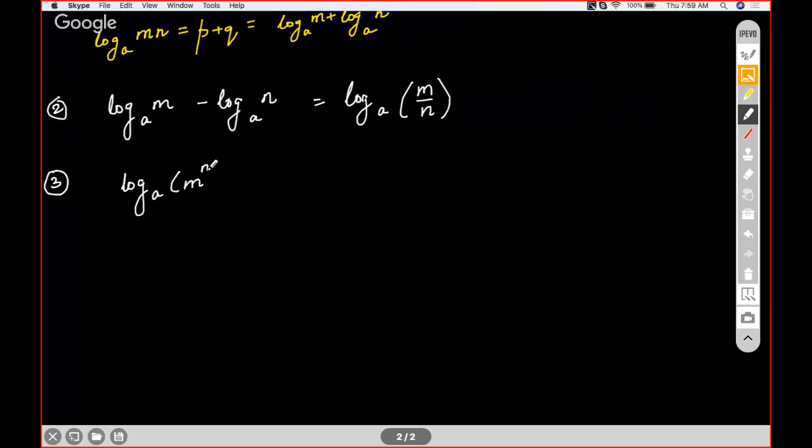Log of m to the power n to the base a is n log m to the base a. Can you prove this quickly?